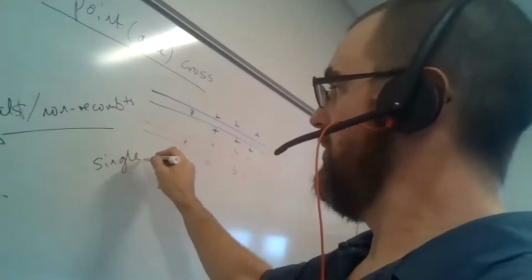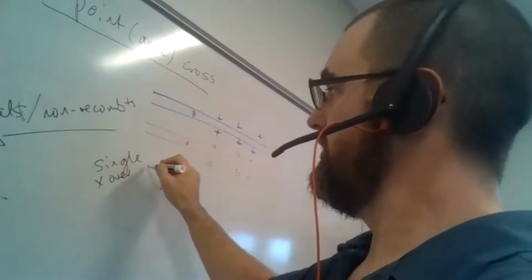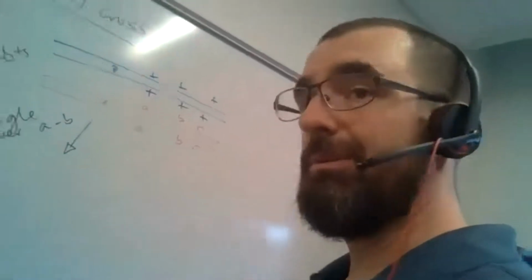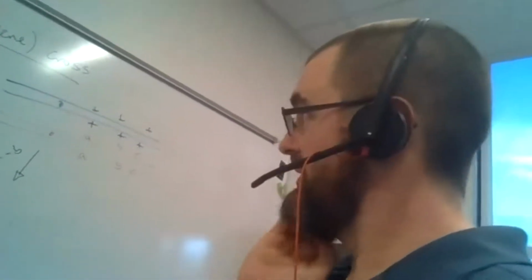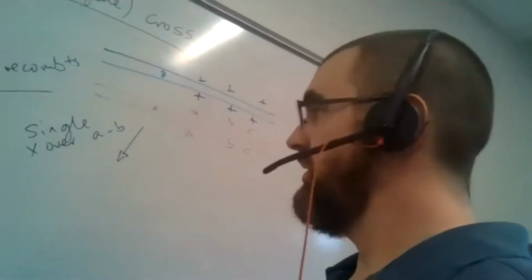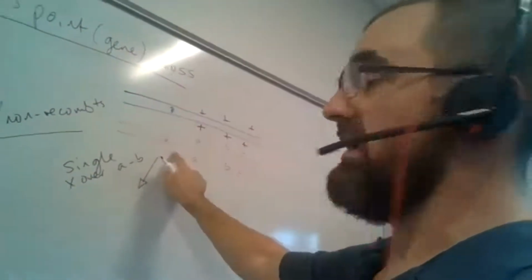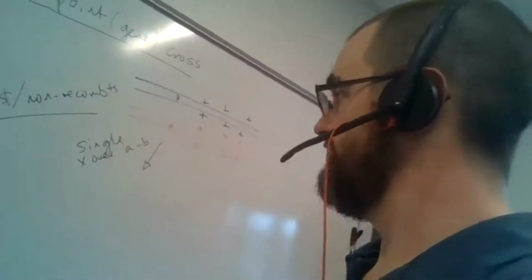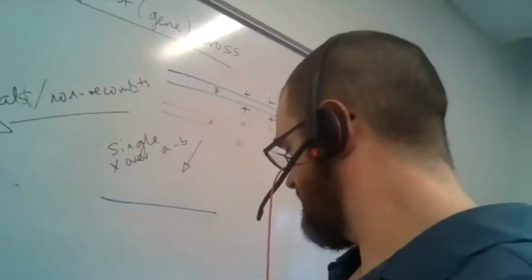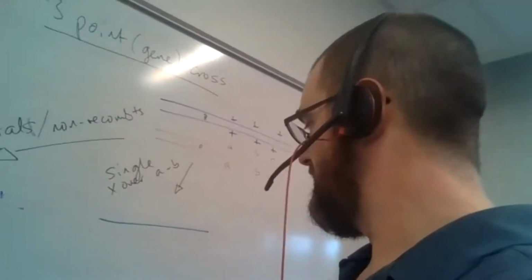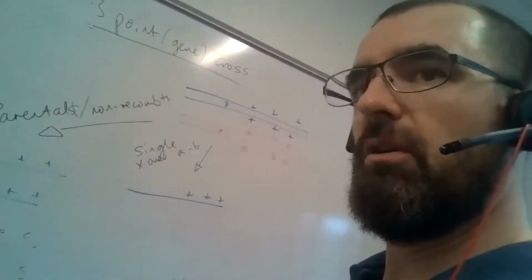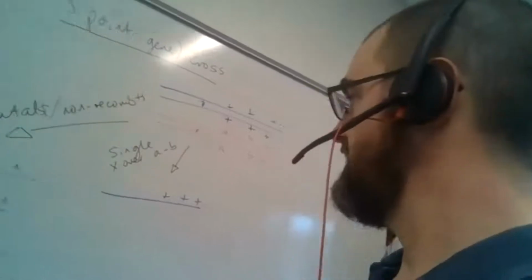So we have a single crossover between A and B, right? I always tell people, and I do this myself as well, you just use your finger. So we're still going to get the parentals, because they are chromatids that never undergo recombination because on the outside, they physically can't.